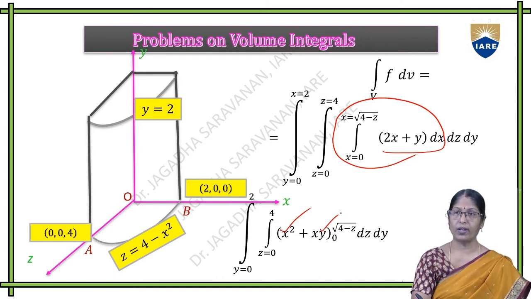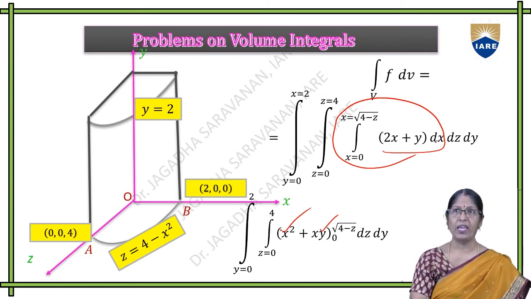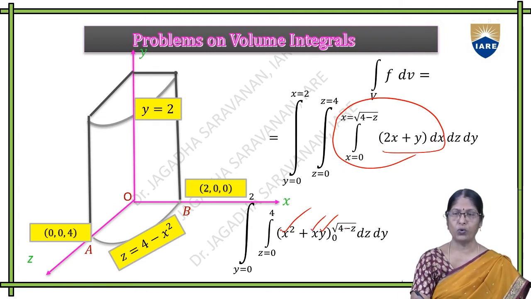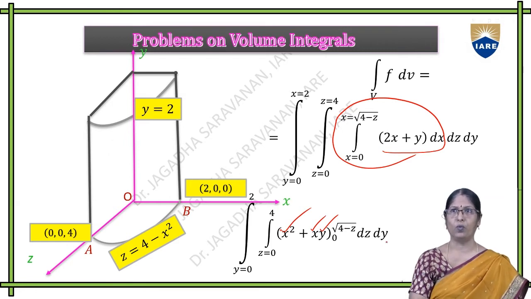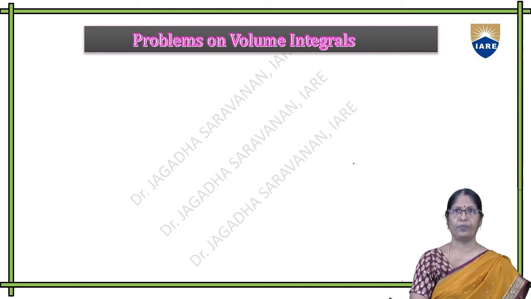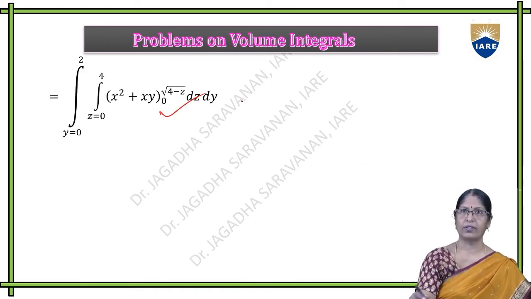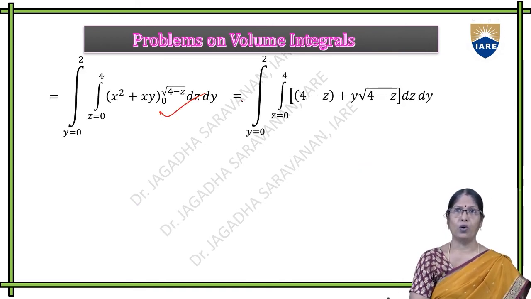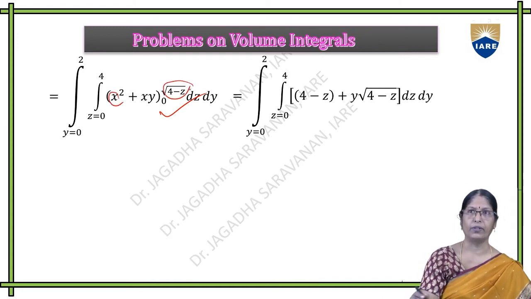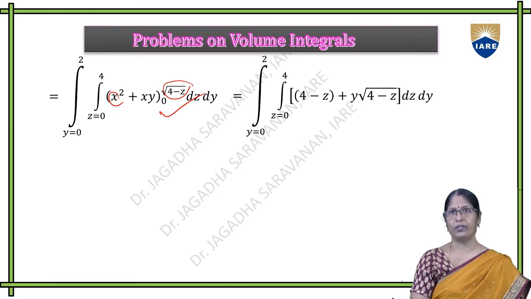Then y, which is written as it is, dx, the integration is yx, from 0 to square root of 4 minus z, dz dy. So only the substitution is left for the interior integration. This is the last step we obtained. So now we will substitute in the place of x the upper limit. Our upper limit is square root of 4 minus z.